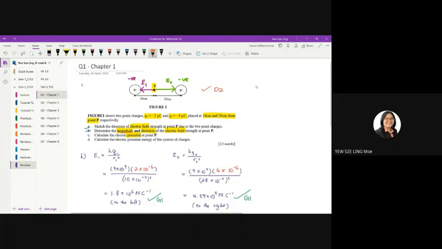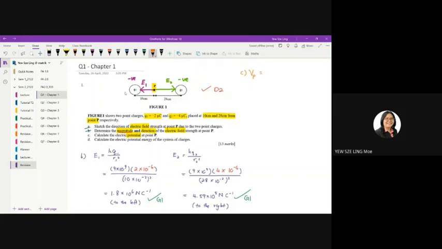Electric potential, the symbol is V equals KQ over R. Since you're going to calculate the total potential at point P, note that potential is a scalar quantity. Don't give the direction. Don't think that you have the electric potential to the left or to the right and need to use a positive or negative sign. That is totally wrong. Potential is a scalar quantity, so you just add up the values.